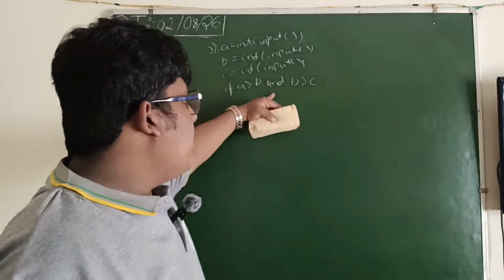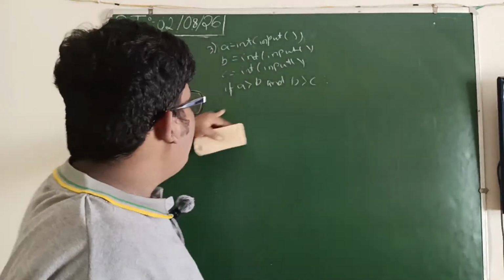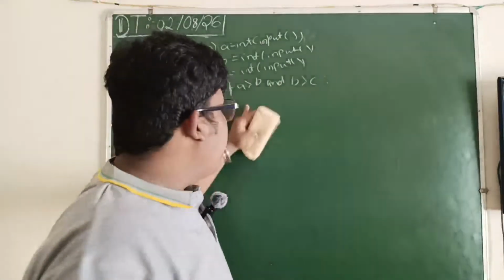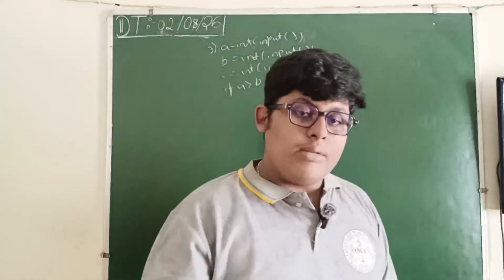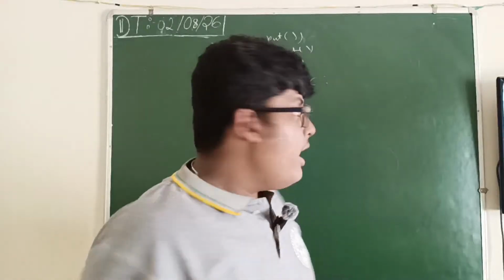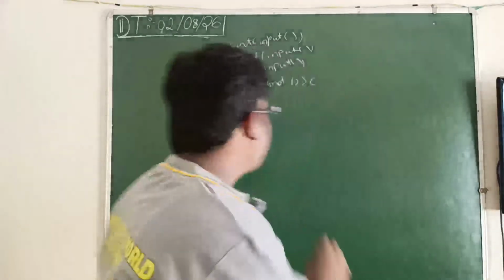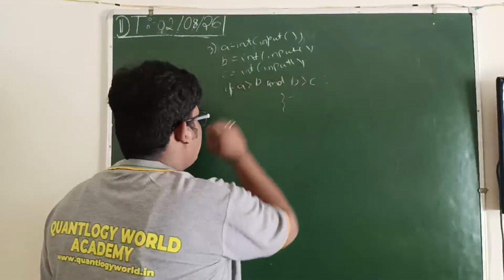If A greater than B and B greater than C, then we can know that A is largest, B is larger than C, meaning C is the smallest, B is larger, and A is largest among all. Then according to that we will print some statements.